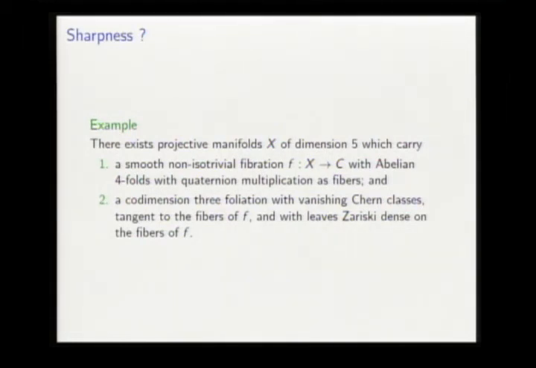There exist projective manifolds of dimension 4, which carry a smooth, non-isotrivial fibration with abelian fourfolds with quaternion multiplication as fibers, and a codimension 3 foliation with vanishing Chern classes, c1 and c2 equals 0, tangent to the fibers, and with leaves Zariski dense on the fibers. So it's really an example showing that the previous theorem cannot give a product, because this fibration is not necessarily isotrivial.